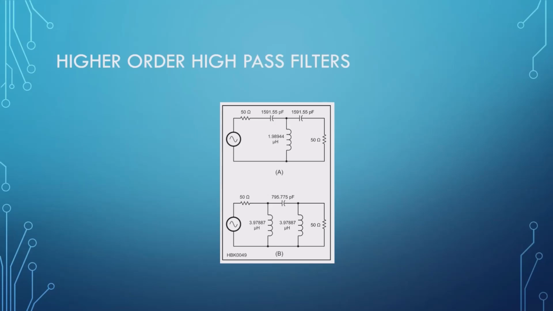Now we have inductors that are shunting between the signal and ground. So it doesn't allow the signal to go through until the inductor reaches resonance, and then it starts to degrade the signal and stop it. So that's how it works between the two.